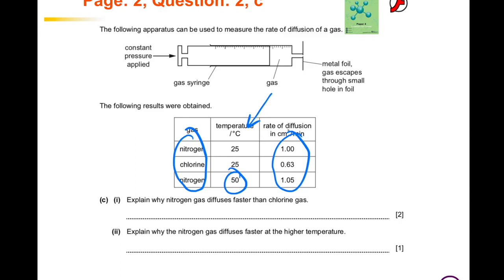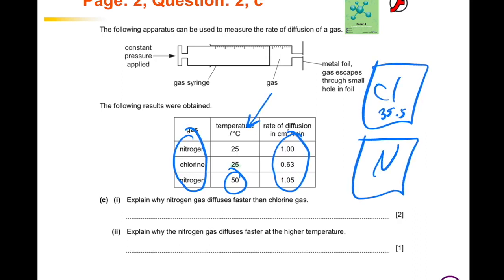But I do also see something else here. I see that chlorine is diffusing really slowly. Now, this has to do with the mass of chlorine. Chlorine is a heavier gas than nitrogen. So you refer to the periodic table, you find that the mass of chlorine is 35.5. The mass of nitrogen is just 14.